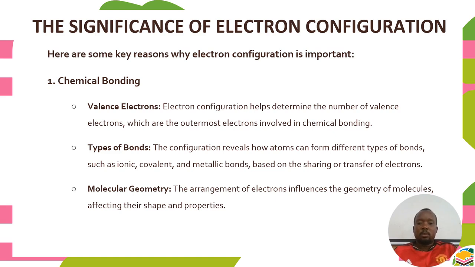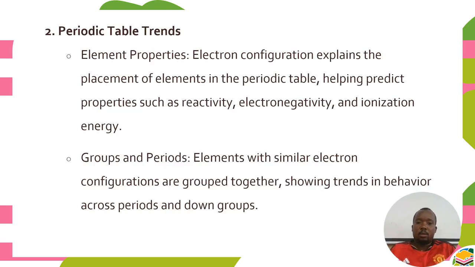The same electron configuration will also tell you the molecular geometry. That is how the arrangement of electrons influences the geometry of molecules, affecting their shape and properties as well.